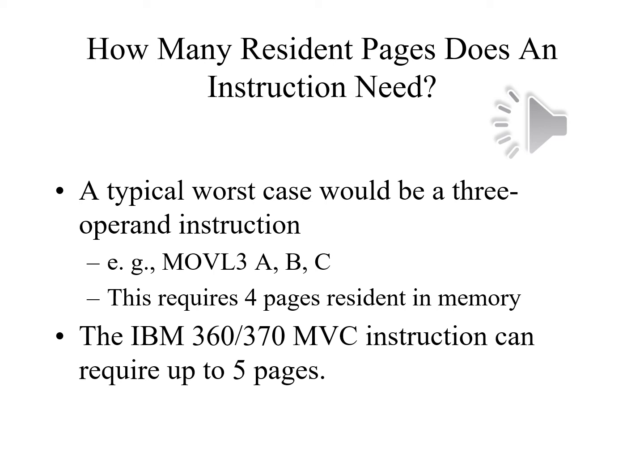The worst case that you are likely to see is a 3-operand instruction. Although this is not too common, the VAX family of mini-computers did include a series of 3-operand instructions. This requires 4 pages in memory, 1 for the instruction and 1 each for the operands.